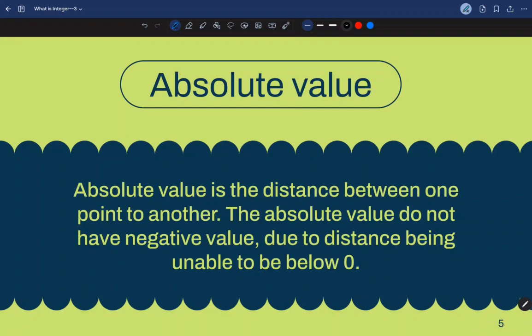Now we should learn what absolute value is. Absolute value has the same principle as the distance from one point to another. The absolute value does not and must not have a negative value, because distance cannot be below 0. Then you might ask, what does it mean by distance being unable to be below 0?